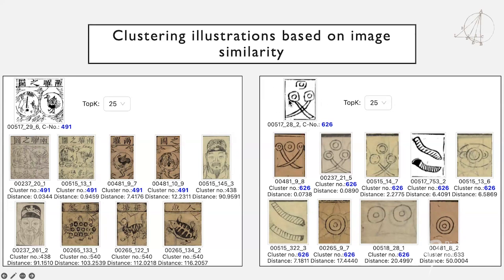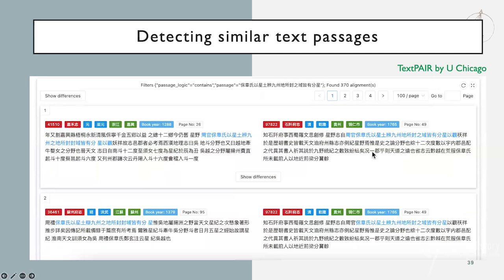And on the right-hand side, this diagram is more simple. The similar images it finds, the first 3 are indeed the same diagram, but after that, it's not really trustworthy. So we are still trying to find a better way to improve this. And this is an example from TextPair.